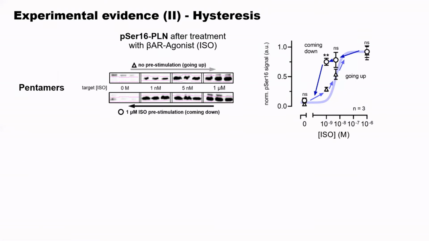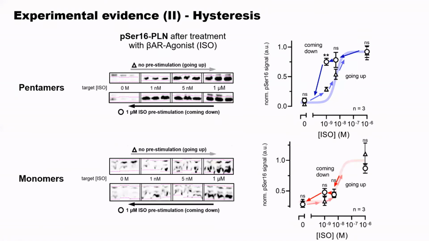And since the model also predicted monomers to be phosphorylated in a bistable fashion, I also wanted to test this, of course. But unfortunately, I wasn't able to separate under my conditions the monomers from other small oligomeric forms. So what I did instead is I lumped all these different forms together as low molecular weight forms and quantified them, but I couldn't see any statistically significant difference under these conditions.